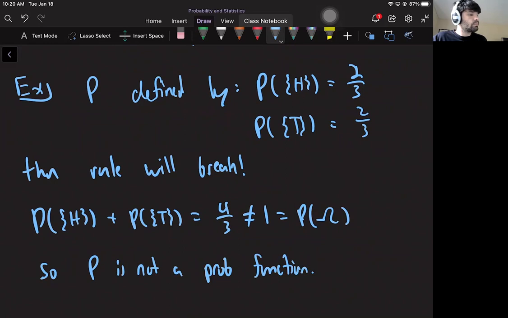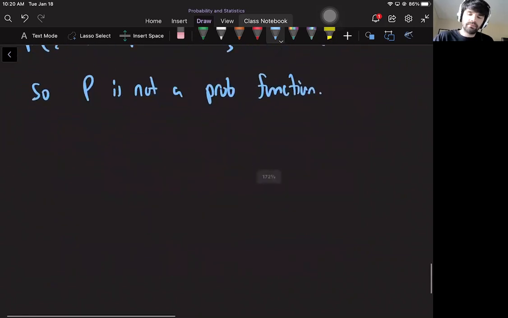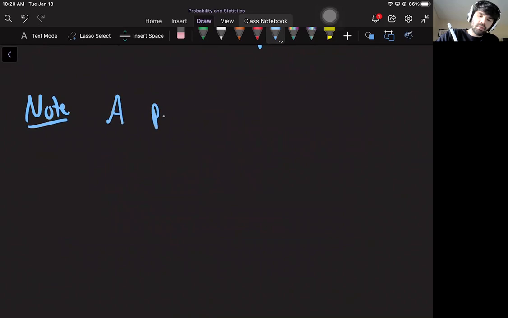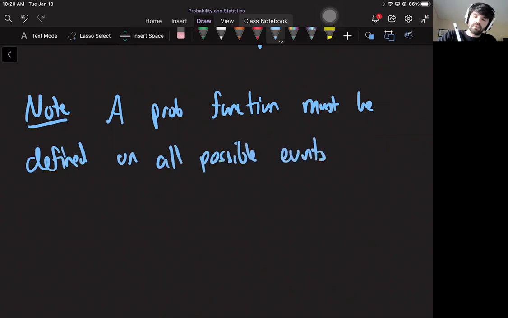All right, just a quick note here. A probability function must be defined on all possible events of the sample space.